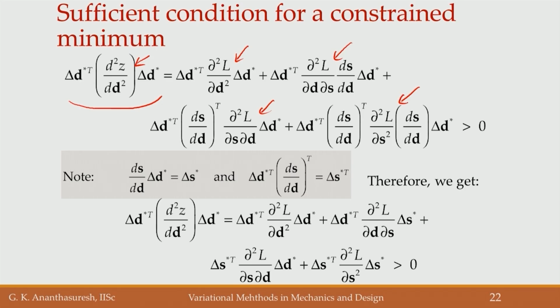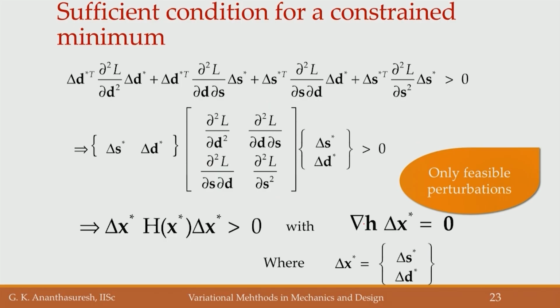And then note that delta s star is nothing but ds by dd times delta d star, and its transpose. If you put all of that and do a little bit more substitution, you have to pause and look at every term to understand it if you do not see it right away. So, if we arrange this long expression where we substitute in terms of delta d star and delta s star, you get something like this.